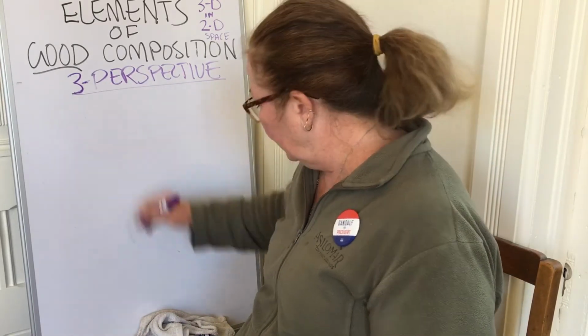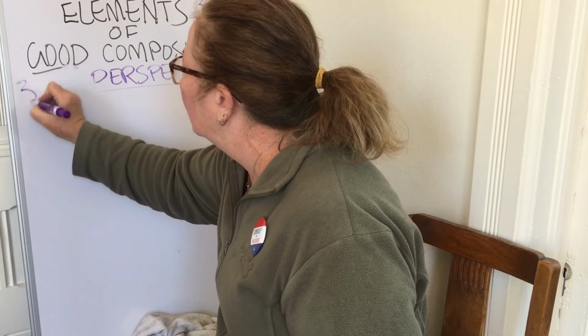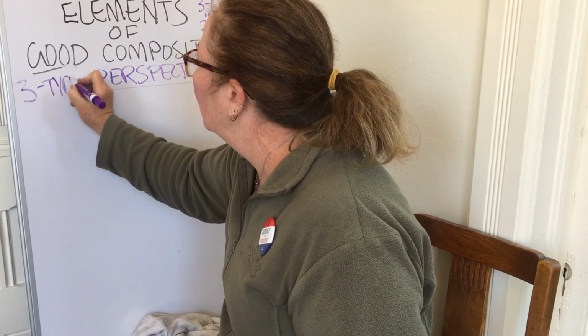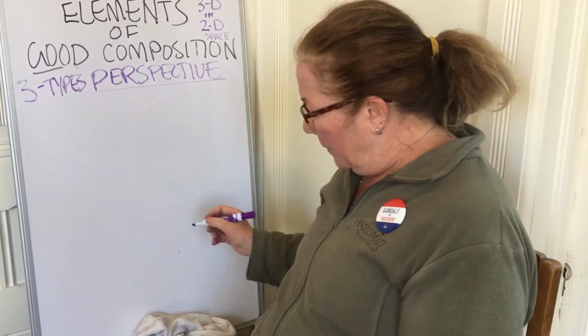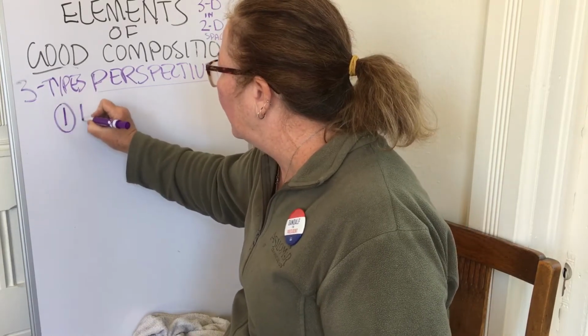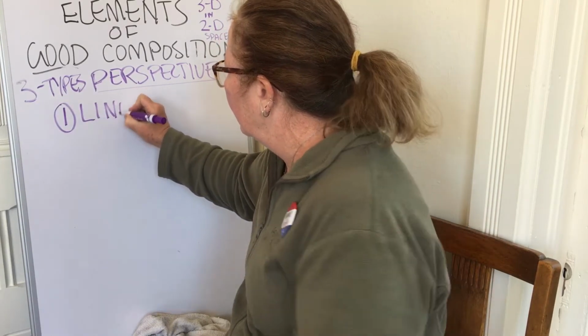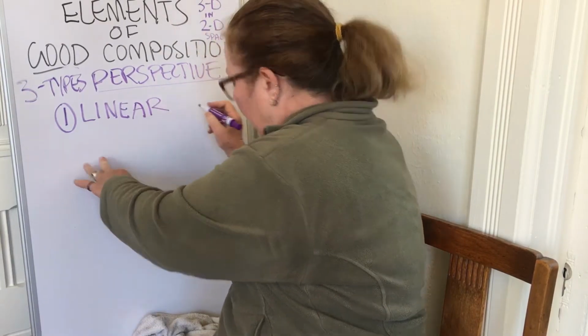Here, let me write that in so that you can see it. 3 types of perspective. The first is with line. It's called linear perspective. Right?